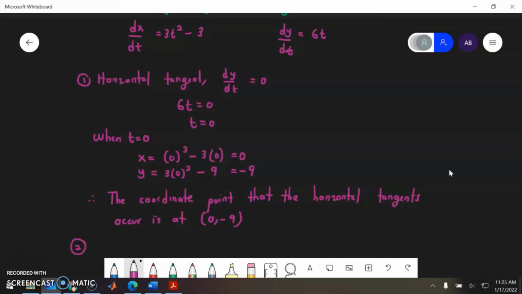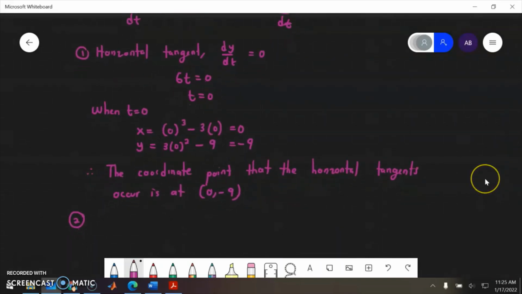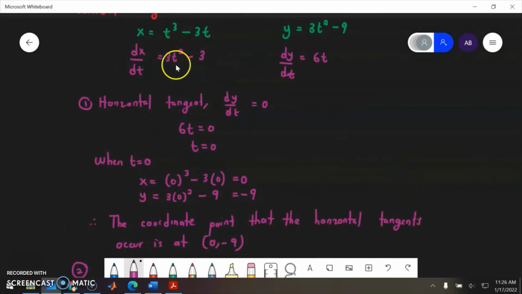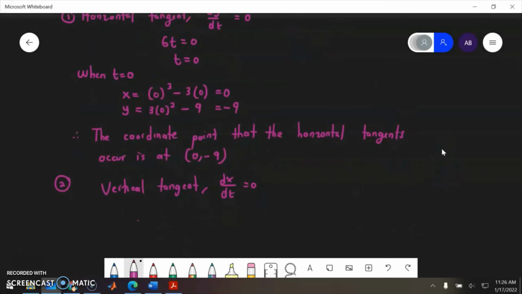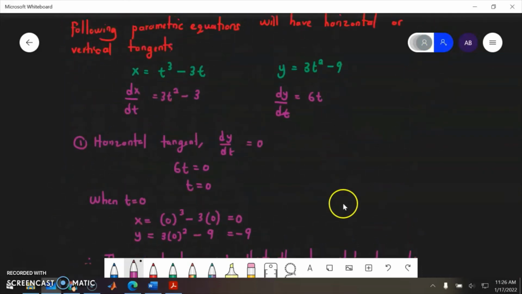Okay, now the second one is the vertical tangent. Now vertical tangent happens at dx/dt equals 0. So we have 3t squared minus 3 equals 0.